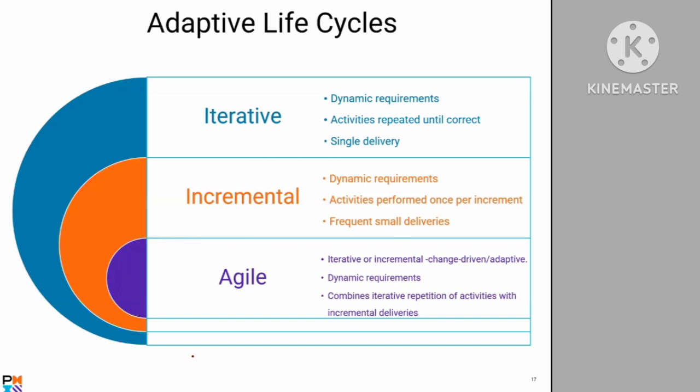But if the changes are big, so that the complete structure or the complete size of the construction of your home changes, that change will be considered incremental, because here the scope of the work is going to change. And agile is basically iterative and incremental.